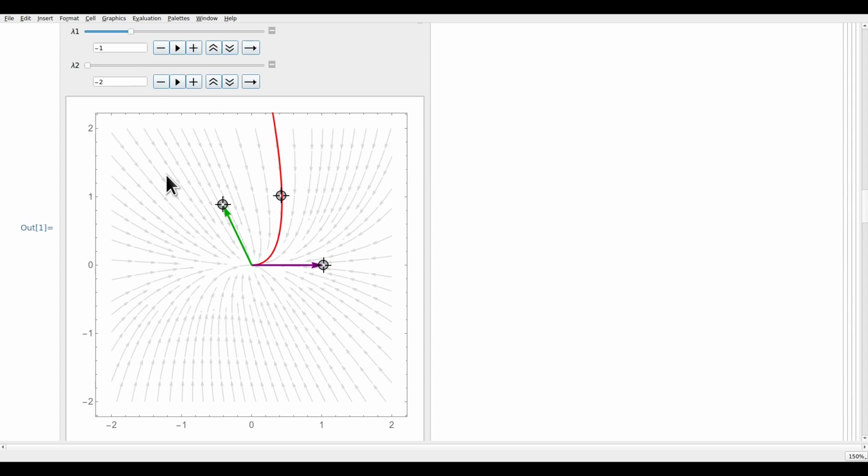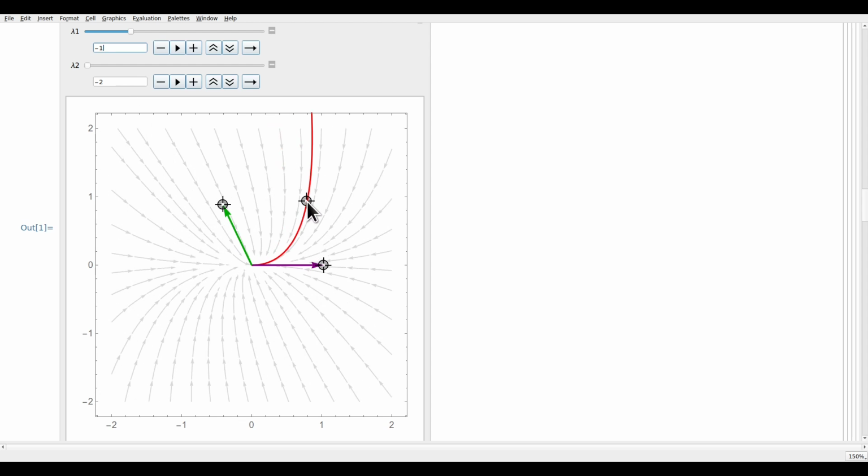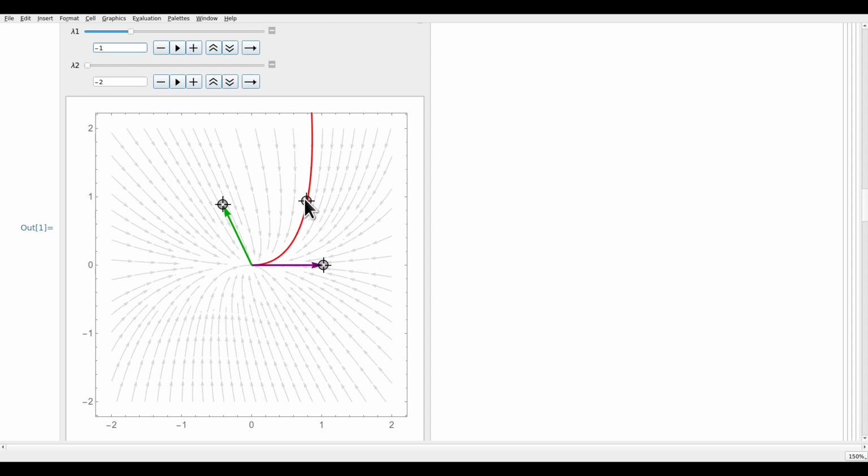Let me go ahead and start with this case. So this is the case of a stable node, and lambda 1 is minus 1, lambda 2 is minus 2. So you can see also here I've got one solution highlighted. This is an initial condition, and in forward time, the solution converges to 0 like that, and if you were to go backwards, you would back up the solution going that way.